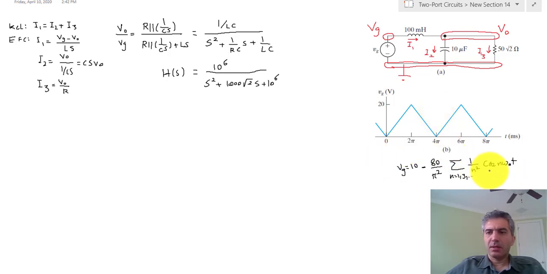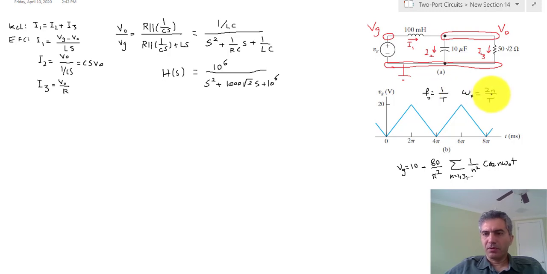So now one thing that we haven't calculated yet is the frequency or the angular frequency of this function. As you can see, the period of this signal is 4 pi, and we know the frequency is equal to 1 over the period. Omega is 2 pi times frequency, so omega 0 is equal to 2 pi over the period.